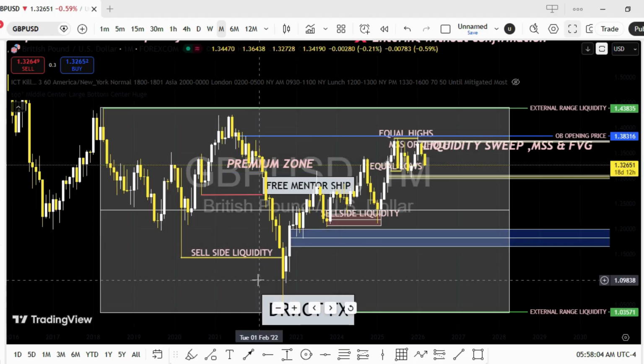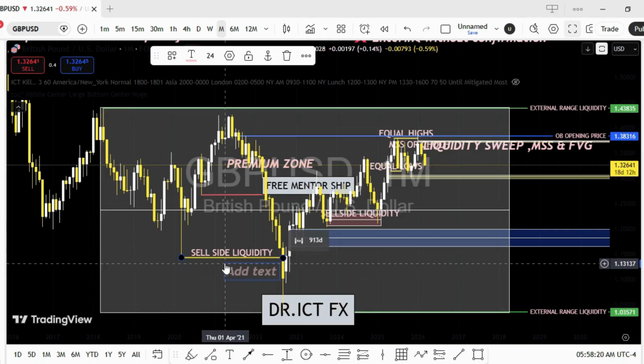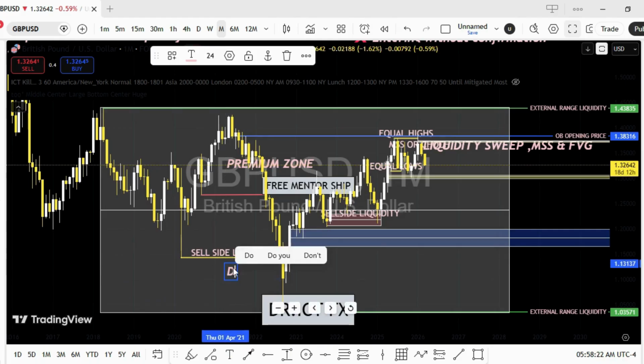From half of that rectangle that I've drawn, above it is what we call the premium, and below it is what we call the discount. Let me put a text to show what I mean. This is what we call the discount zone.